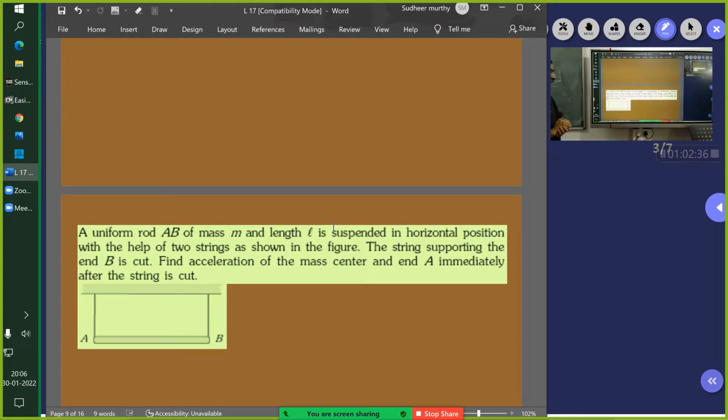So they are asking the acceleration of the mass center. Let's get the free body diagram of this properly.